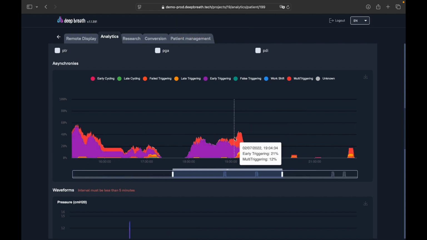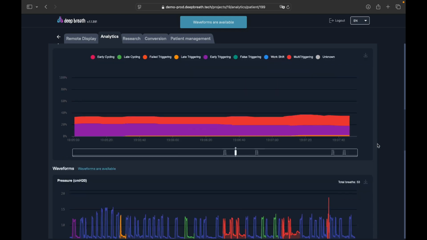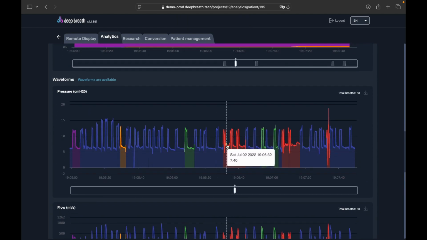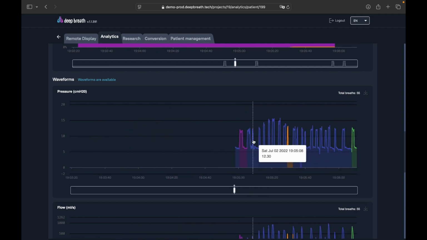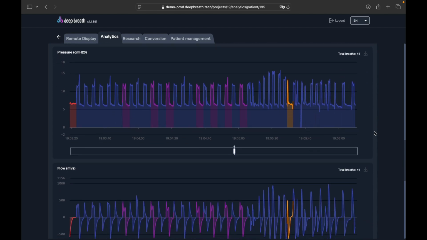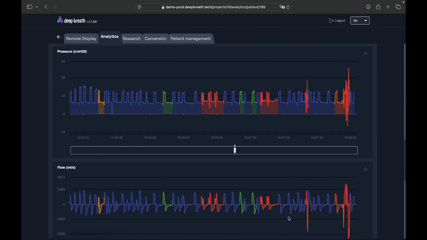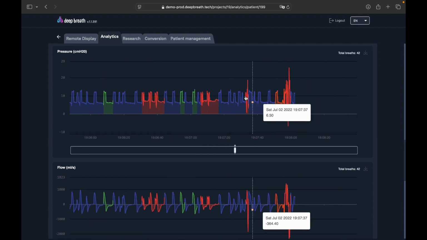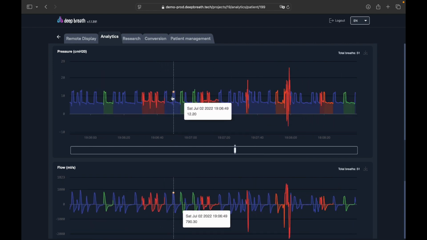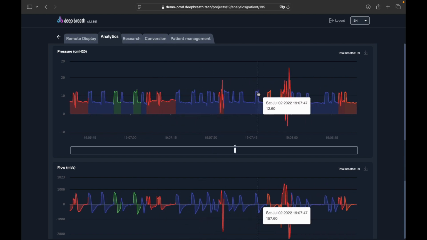Let's also zoom in on this period to see what was happening during this time, and yes, we see that there were different types, also reverse triggering, and later they led to double triggering, and it was quite frequent here.